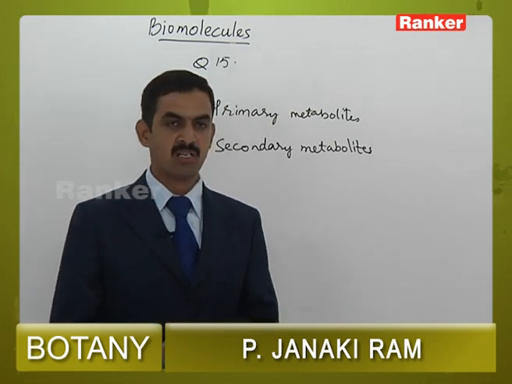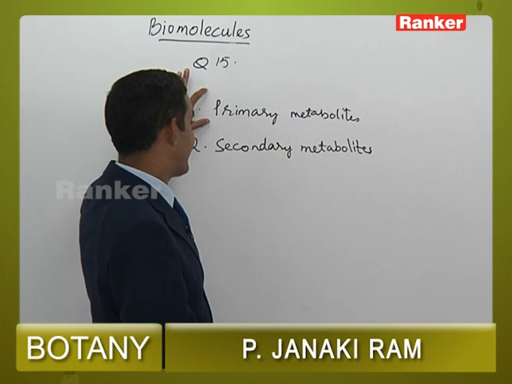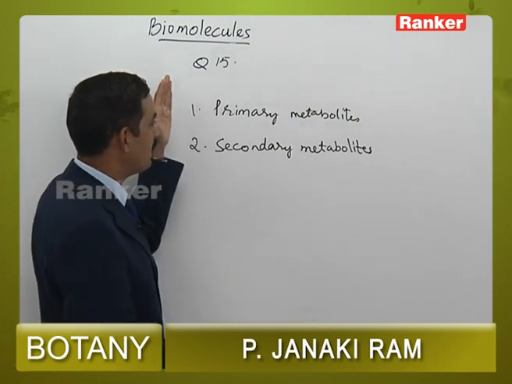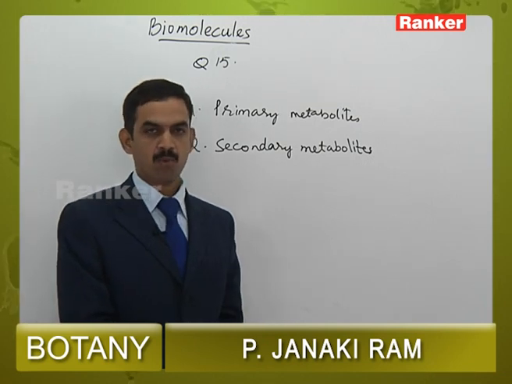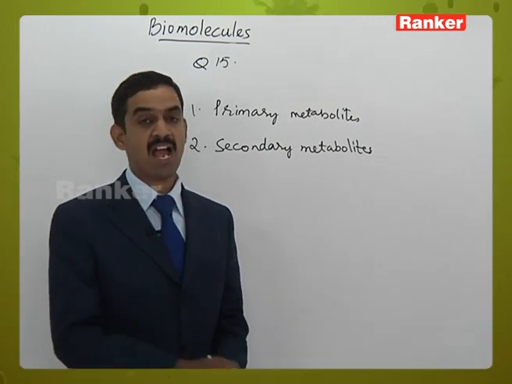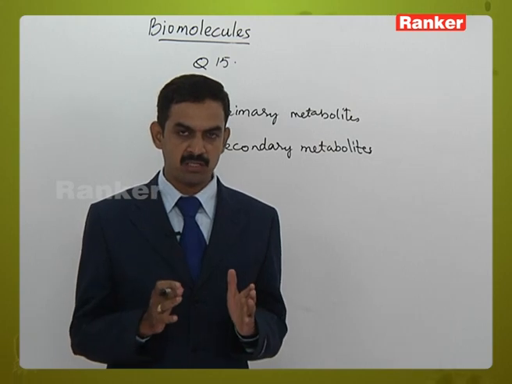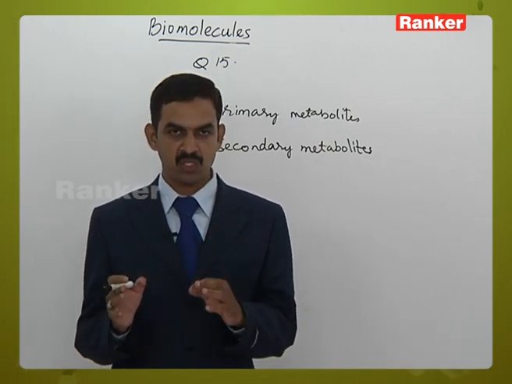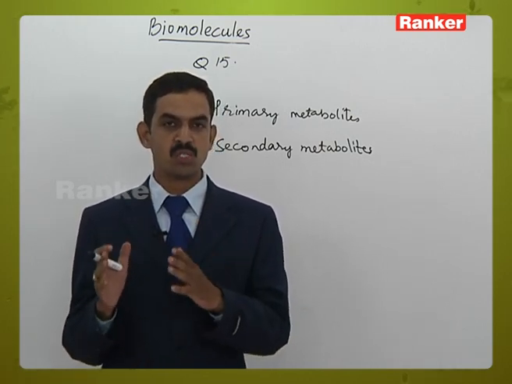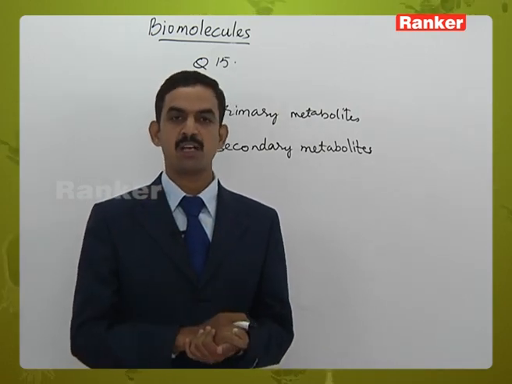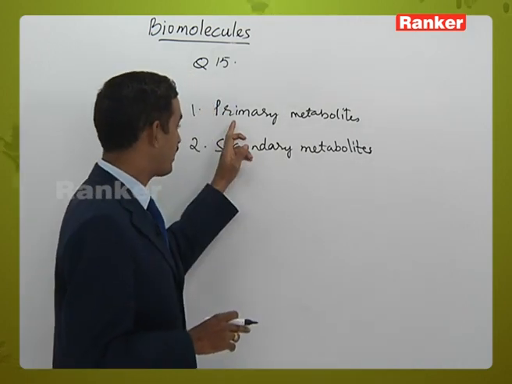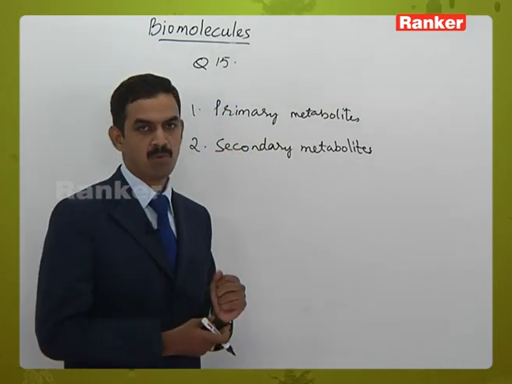Based on that character, the organic molecules are categorized into primary metabolites and secondary metabolites. Primary metabolites are organic molecules which have some specific, identifiable function, or a function that is useful for the organism in which that organic molecule is present. Such organic molecules are called primary metabolites.